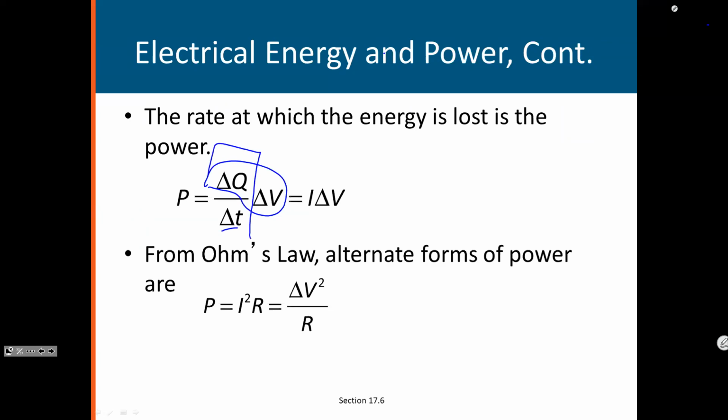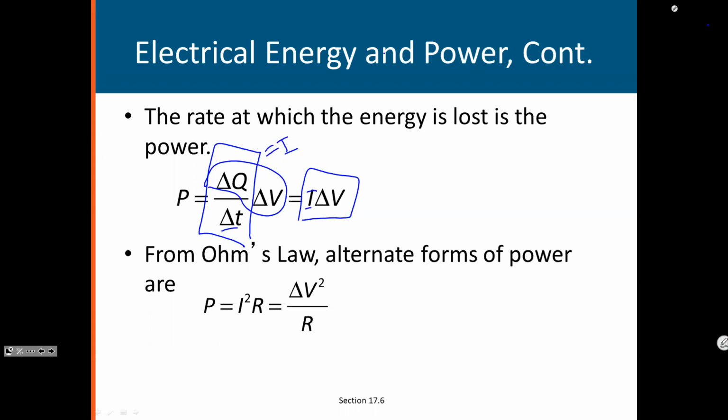So we can see that this is the definition of the current. So I can say the power delivered to a resistance, for example, will be the current through that resistance and the potential difference across that resistor. Okay, so power is I into delta V.